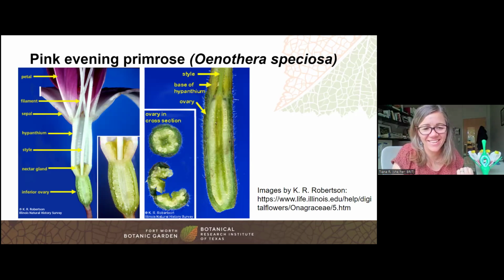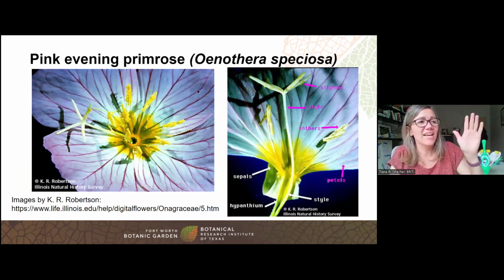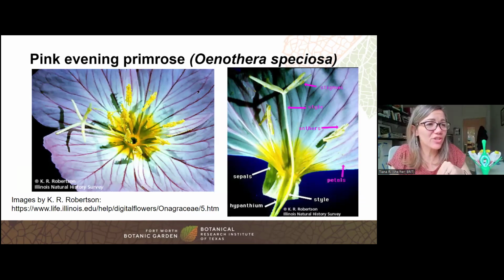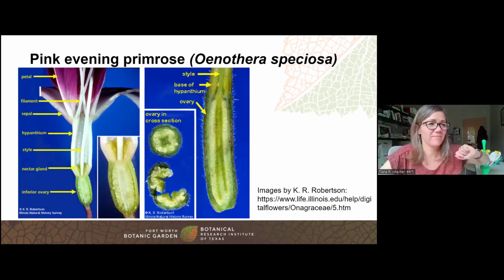Okay. So just going back, we had 4 sepals that were papery, kind of stuck together. We had 4 petals that were pinkish, whitish, yellow at their base with kind of pink veins. We had 8 anthers, 8 stamens. We counted the anthers, and then we had a stigma in the middle that was 4-branched.